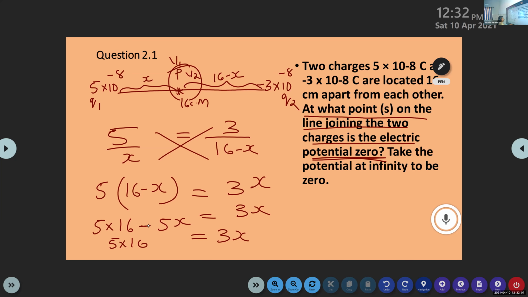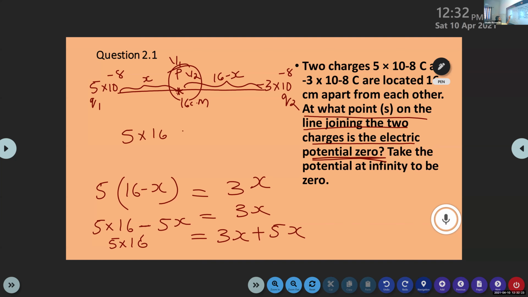This minus 5x becomes plus 5x. So 5 into 16 is equal to 3x plus 5x. So 5 into 16 is equal to 8x.